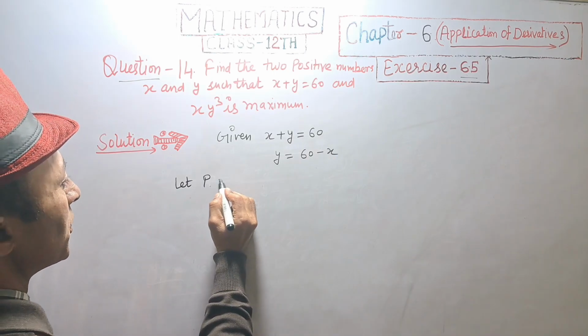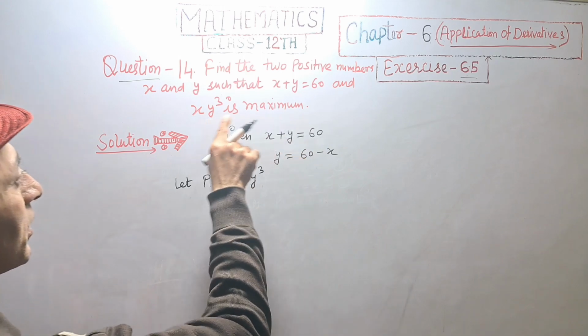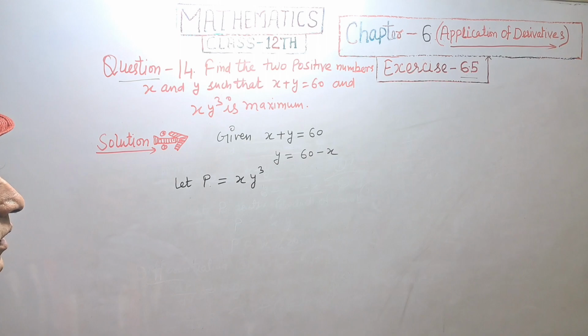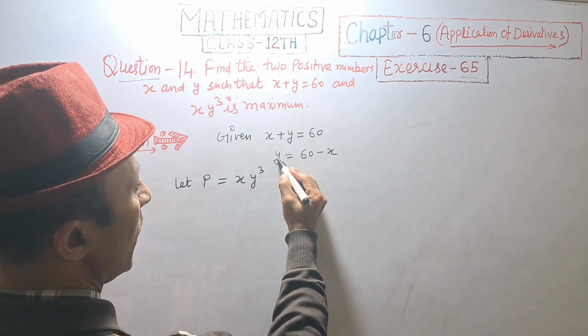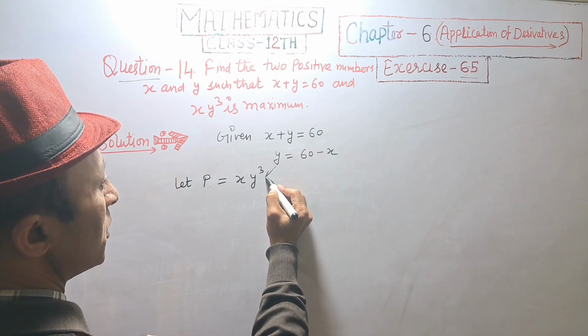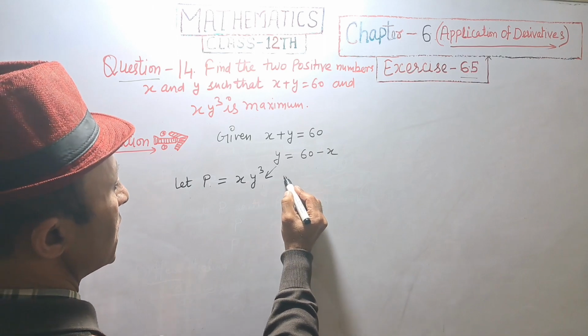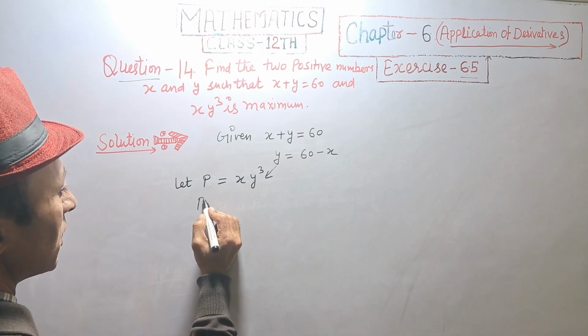Let P is equal to xy cube, and the value of y is equal to 60 minus x. We put y equal to 60 minus x in this equation. It's equation number first.